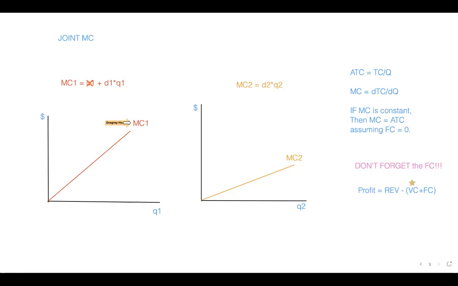So firm one has a higher marginal cost because it's an older, inefficient factory. It uses old technology that burns up a lot of energy. The typical story for this type of marginal cost situation is an old coal-fired power plant.